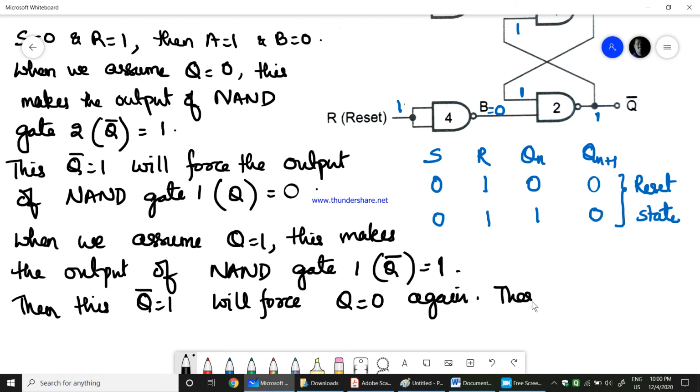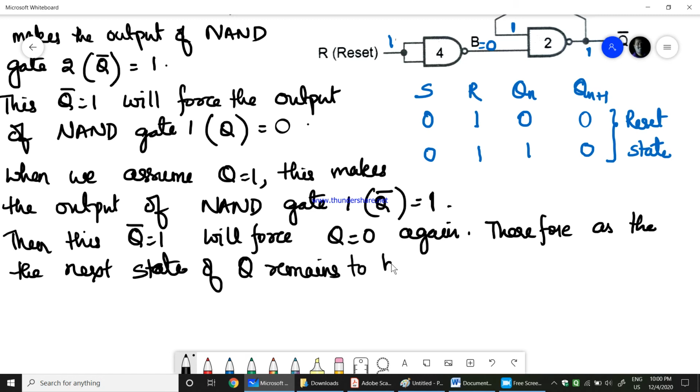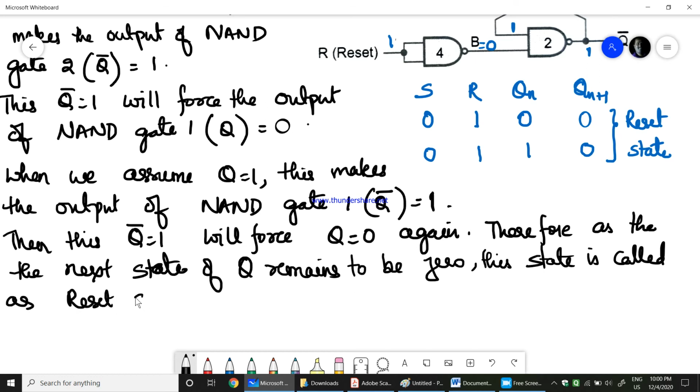Therefore, as the next state of Q remains 0, this state is called the reset state.